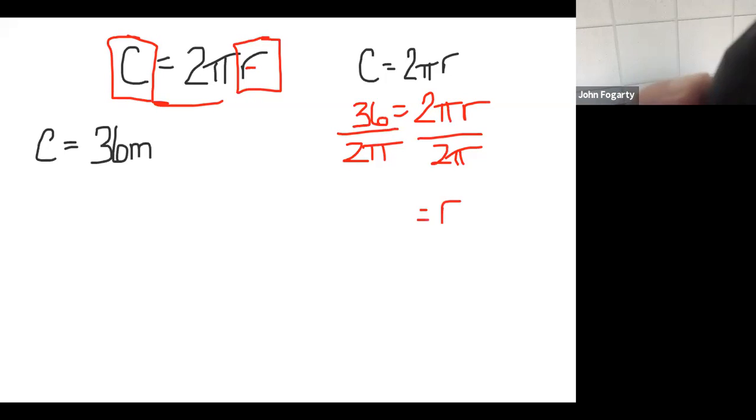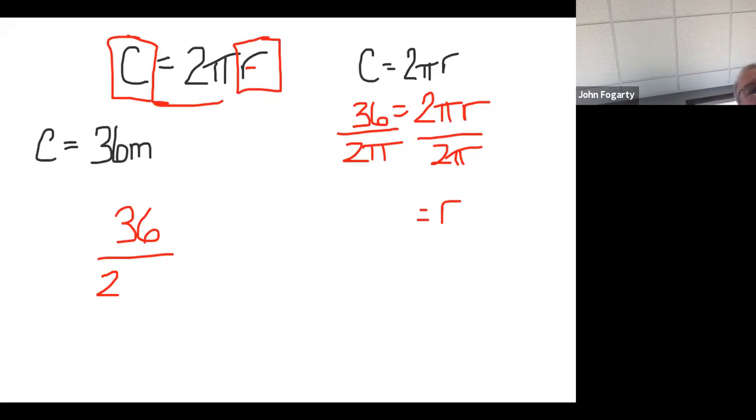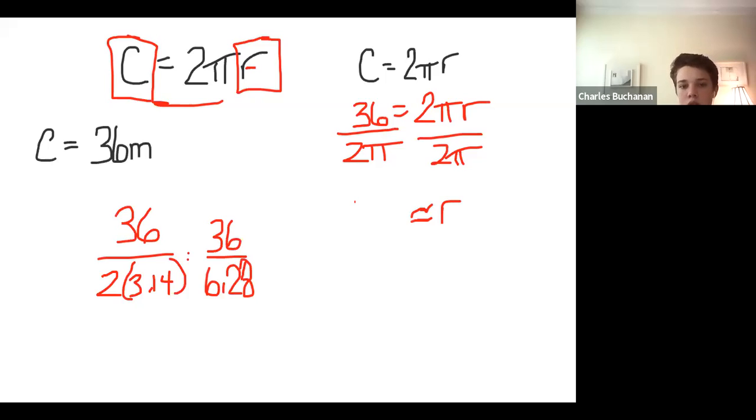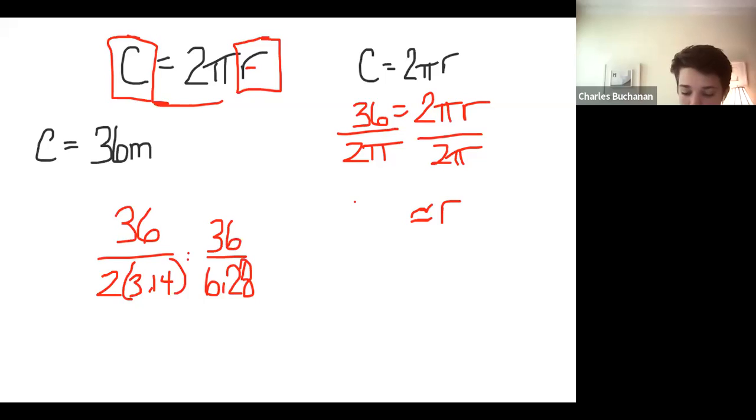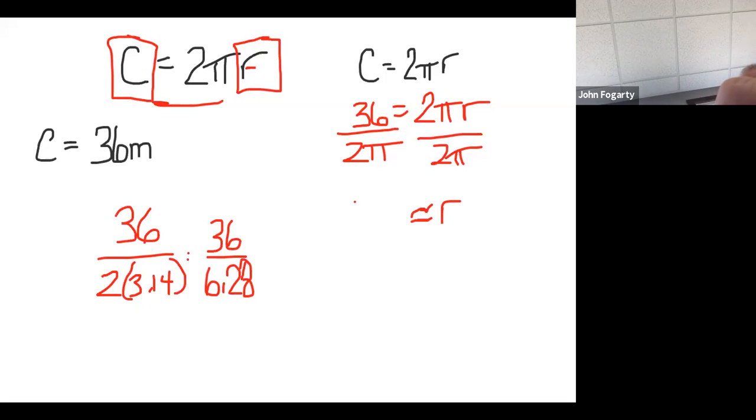And then you just whip out the old calculator. 36 over, well, 2 times 3.14 is what? 6.28, right? So 36 divided by 6.28.